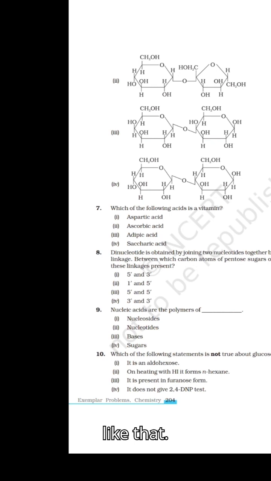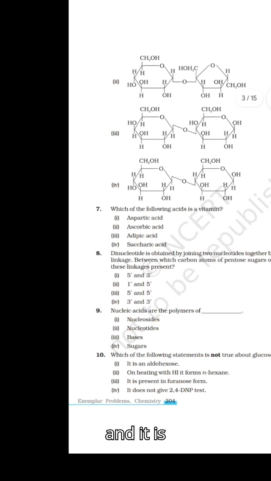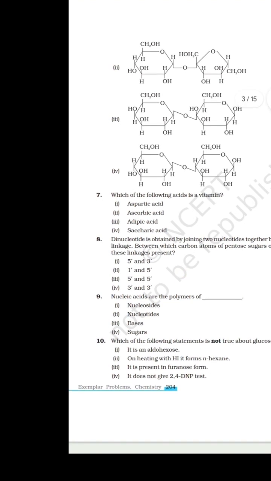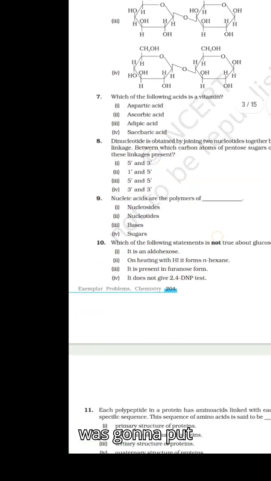Ascorbic acid is a coenzyme or cofactor for many enzymes in our body, and it is mainly involved in cartilage formation, tissue repair, and some important metabolic reactions. So the correct option for the 7th question is ascorbic acid.